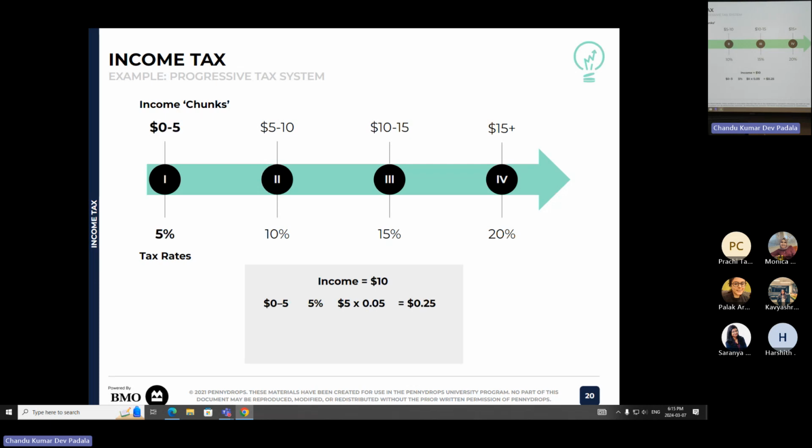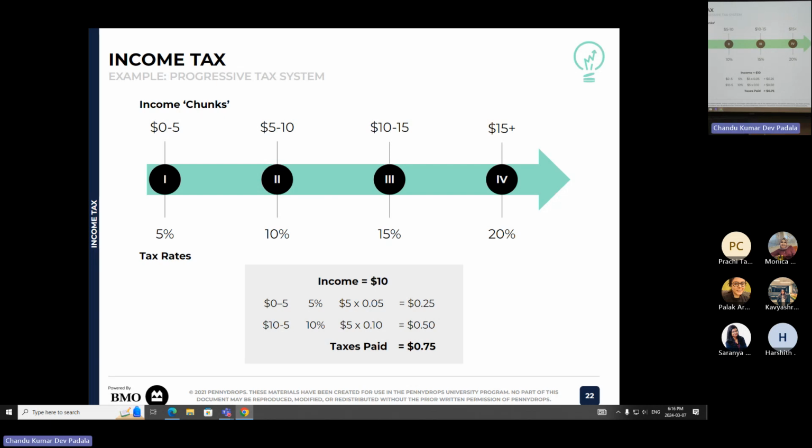So the first step here is that because it's a progressive tax system, we have $10 here, right? The first $0 to $5 is taxed at 5%, so that gives us 25 cents, right? The next $5 is taxed at 10%. Okay, so we have a total of 75 cents.